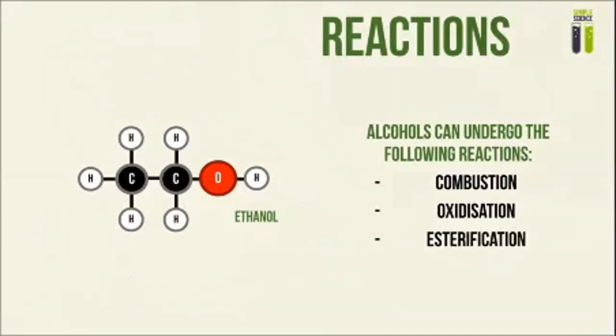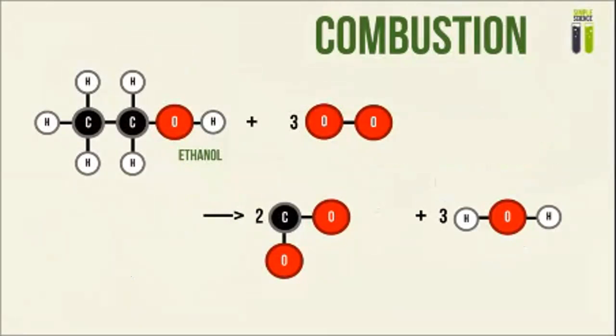Now let's look at the reactions that alcohols can undergo. Of course, like any other organic compound, you have combustion. Combustion is when an organic compound reacts with oxygen to form carbon dioxide and water.